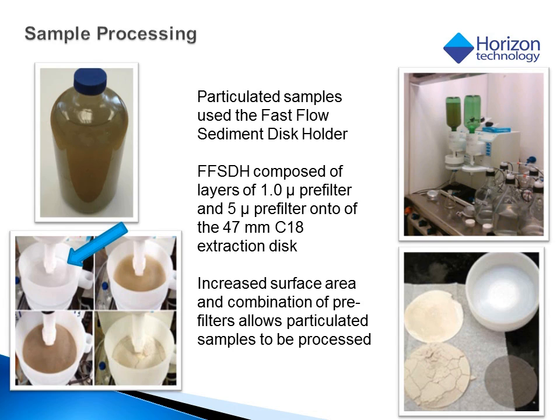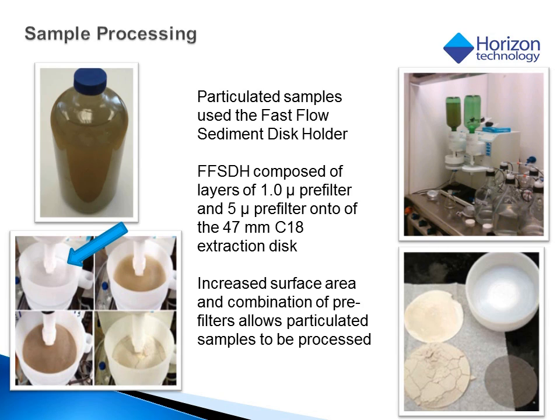As mentioned, for particulated samples, we use the fast flow sediment disc holder with 1 and 5 micron filters. This slide shows a particulated sample being processed through the 4790 extractor. In the bottom left-hand side of this slide, you'll see the various stages of sample processing on the system.